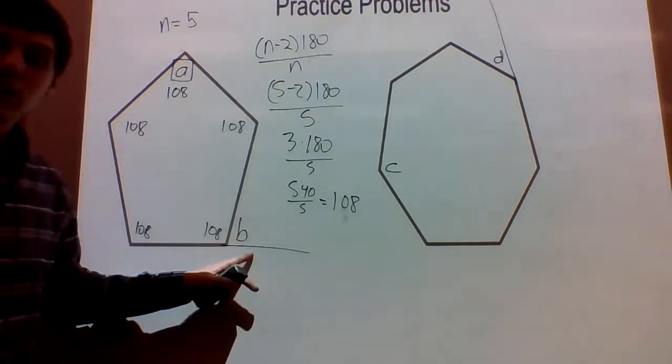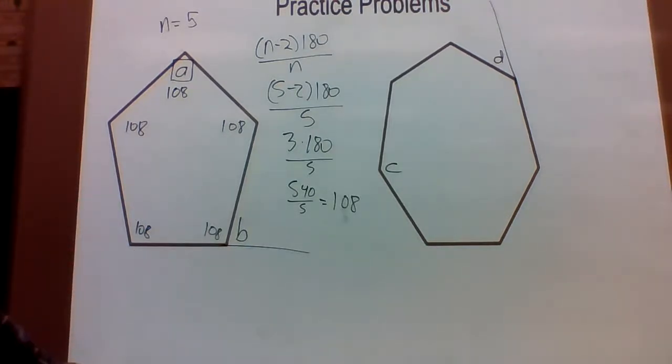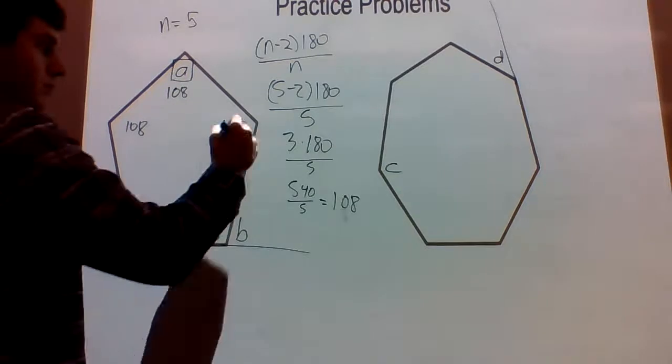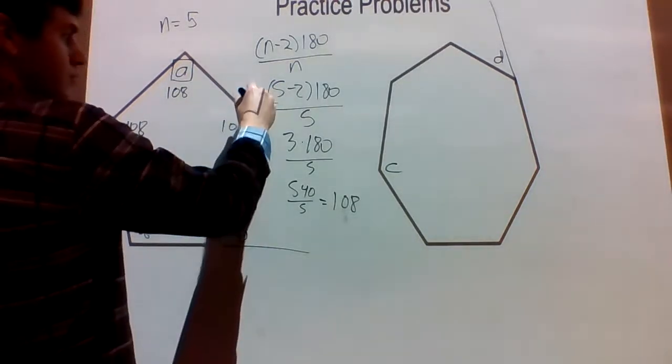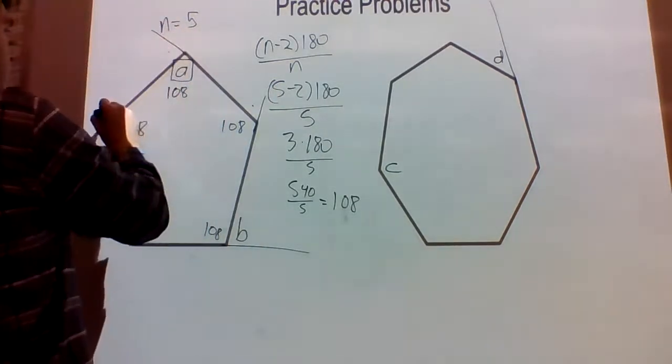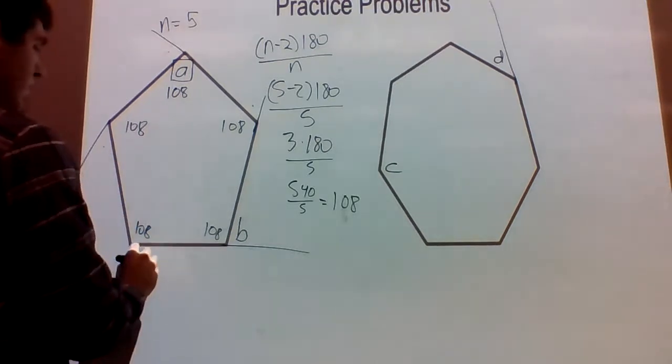Is B an interior angle or an exterior angle? It's an exterior angle. What do we know about exterior angles? Well, we know all of them are going to add up to 360. So how many exterior angles do we have? We have 1, 2, 3, 4, 5.